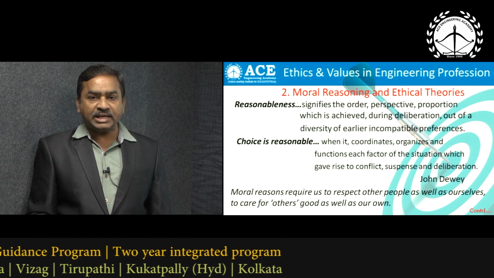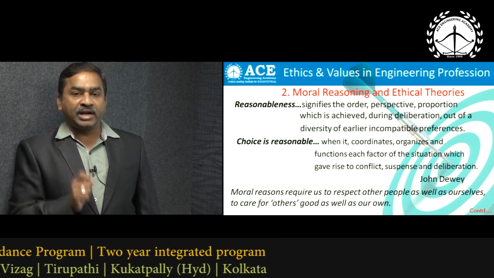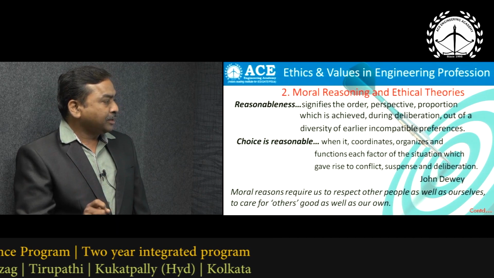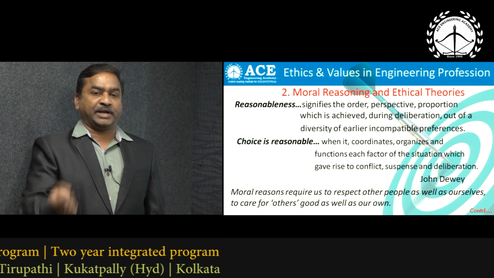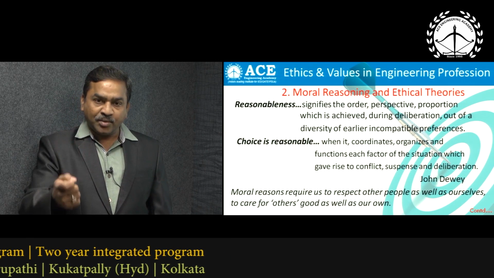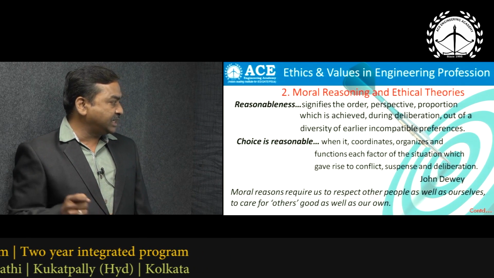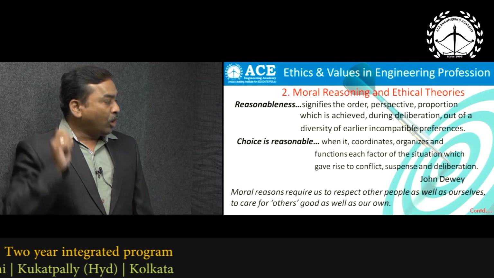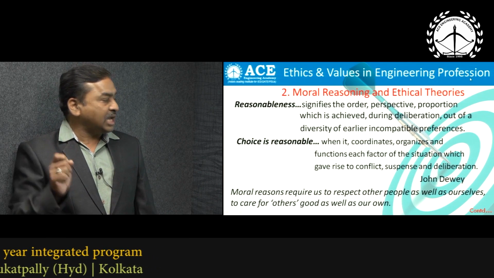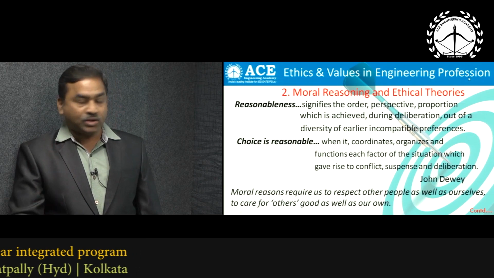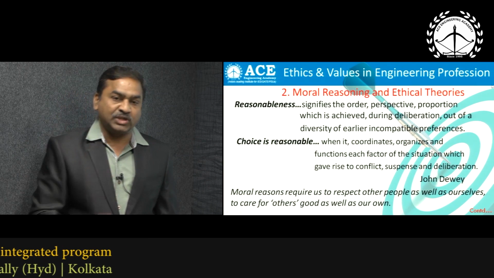What is this reasonableness in the context of moral reasoning? It should be giving respect to others, respect to ourselves, protect others, protect ourselves as well. As you can see in the last statement here, moral reasons require us to respect other people as well as ourselves, to care for others' good as well as our own.